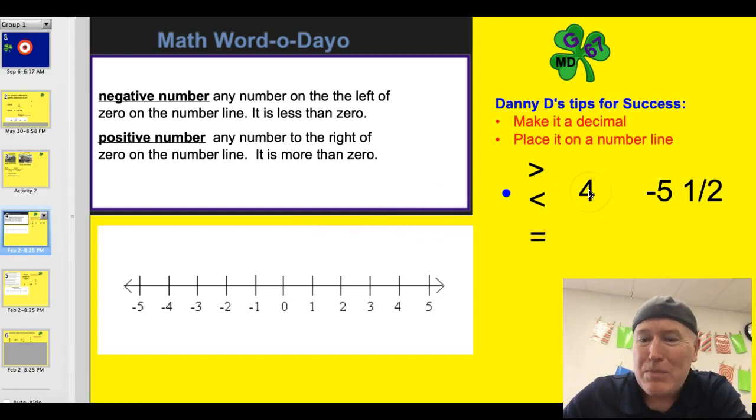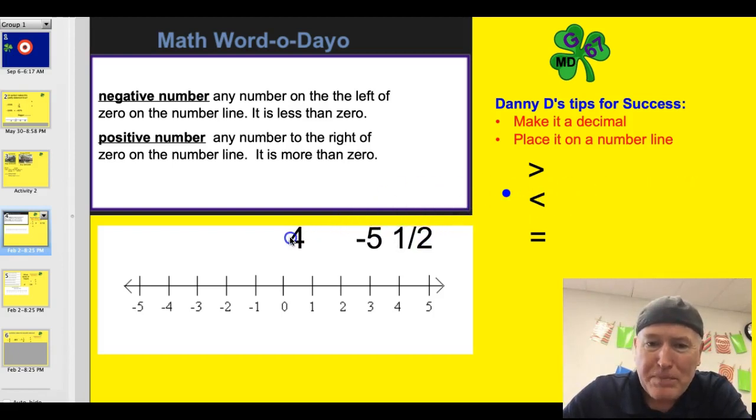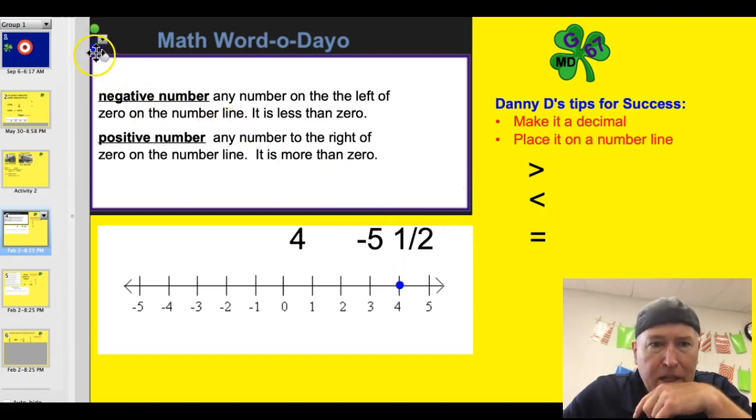If you take a look at this problem right here, we've got 4, and we're comparing it to negative 5.5. Let's put 4 on. That's an easy one to place on the number line. Let me copy it quick and paste it in. Let's put this guy in here, negative 5.5. Here's negative 5, so negative 5.5 is going to be a little bit further, right at the end of our line there.